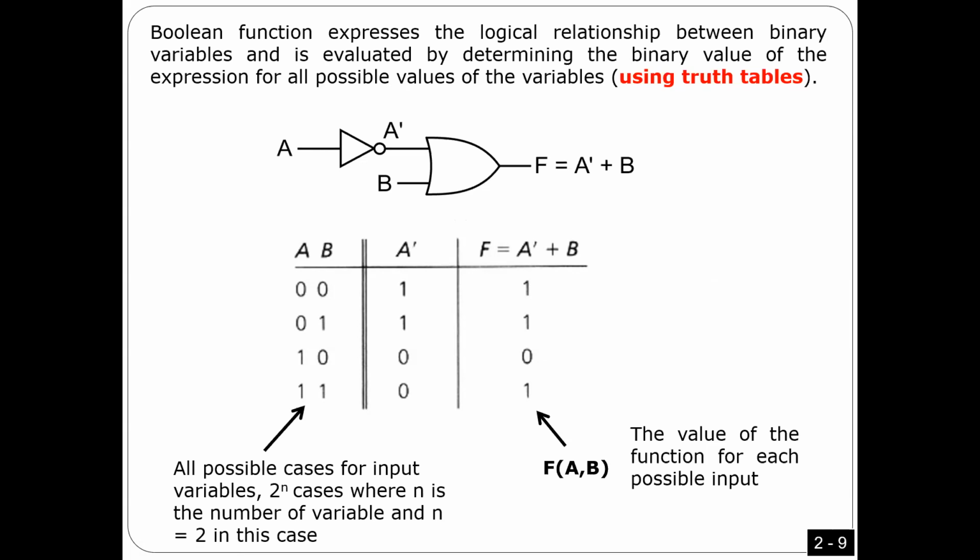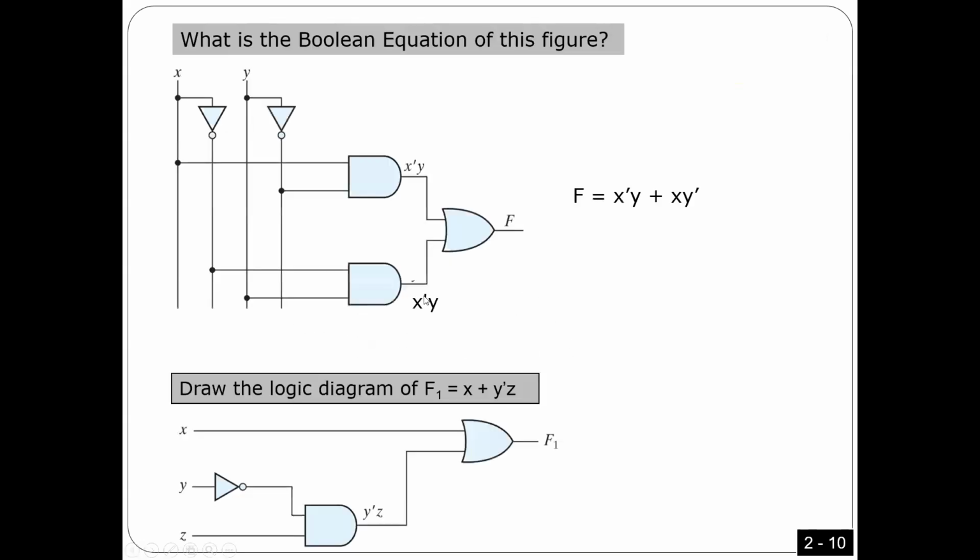Same thing here, this relation is going to produce a binary output, also 0 or 1. Then in the truth table, I put all possible input cases, and then I calculate the output of this function. So when this is the input, this is the output. When this is the input, this circuit is going to produce this one.